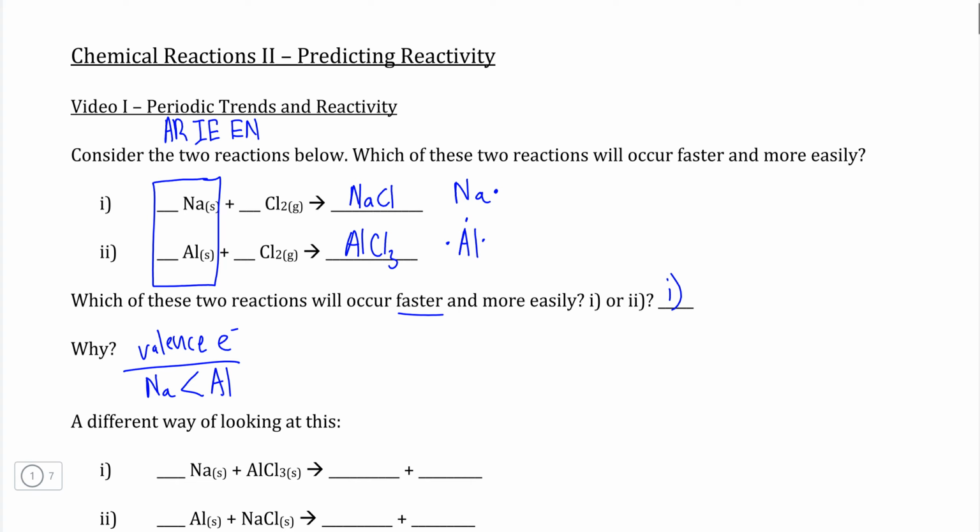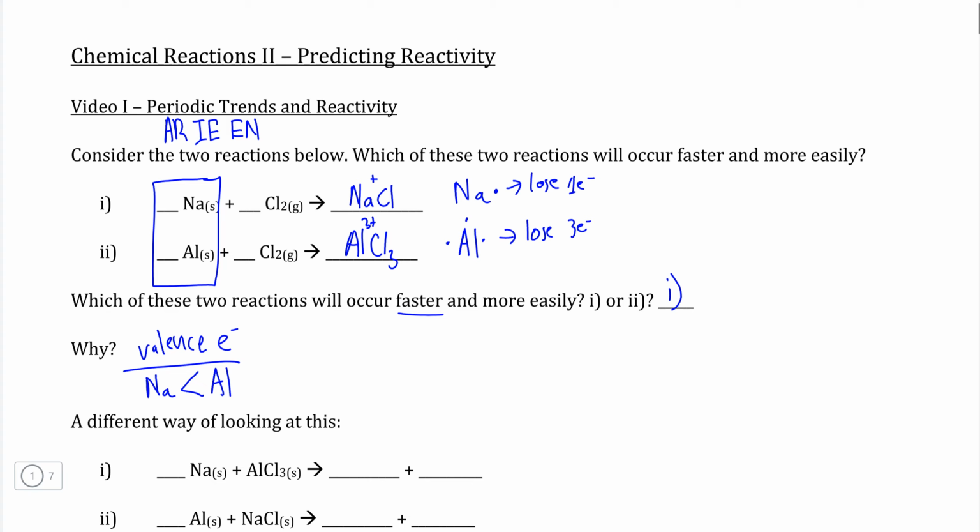Now, both of these metals are going to form cations. Sodium is going to lose one of its electrons, or rather its only electron, in order to get a charge of positive 1, whereas aluminum is going to lose 3 electrons in order to get a charge of positive 3.